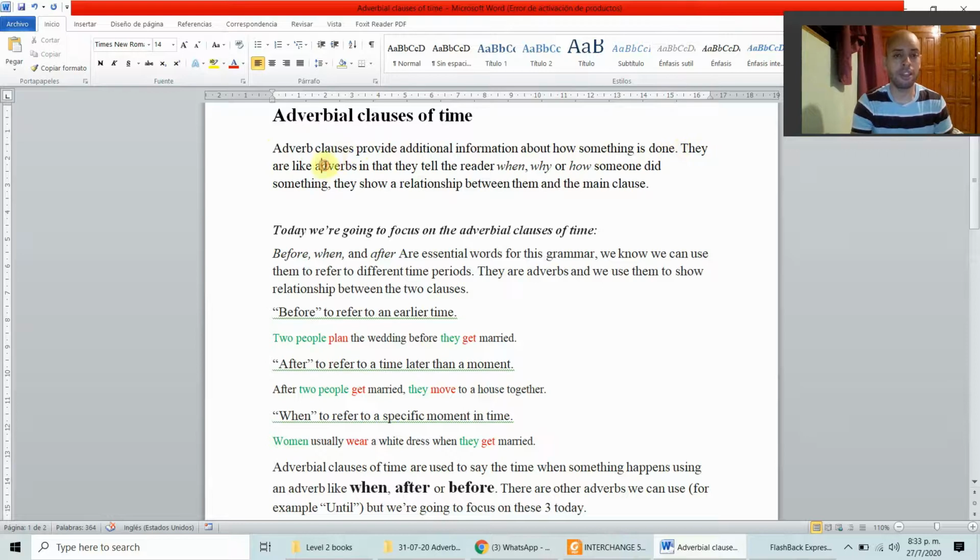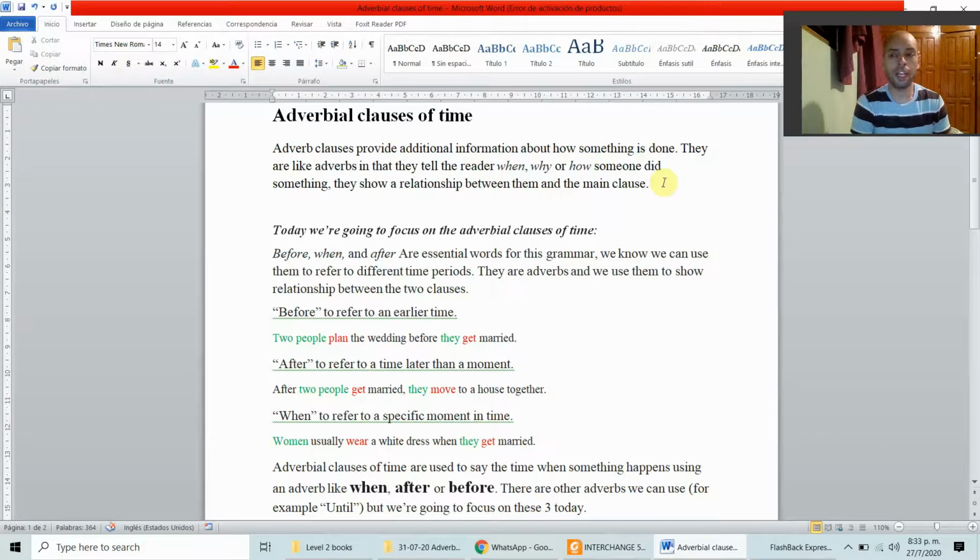They are like adverbs in that they tell the reader when, why, or how someone did something, or when, why, or how something happened. They show a relationship between them and the main clause.